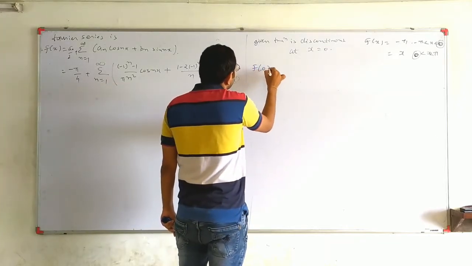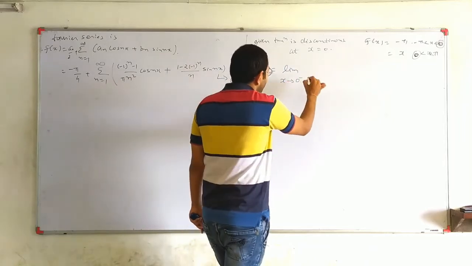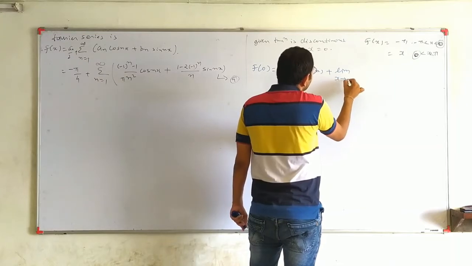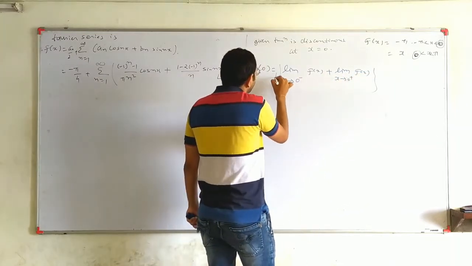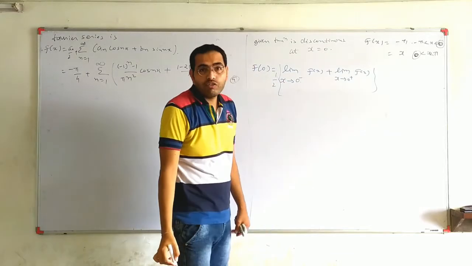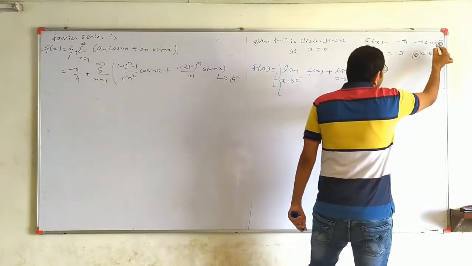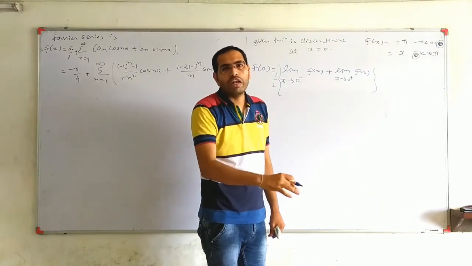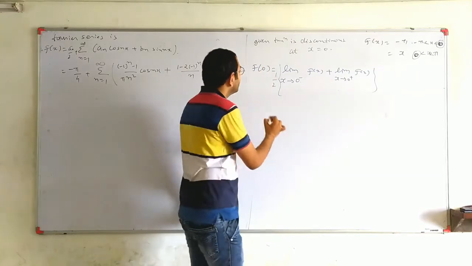Then f of 0 equal to limit x tends to 0 minus f of x plus limit x tends to 0 plus f of x, divided by 2. It means the average of the two functions: whatever the value before 0 and whatever the value after 0, average that particular term.